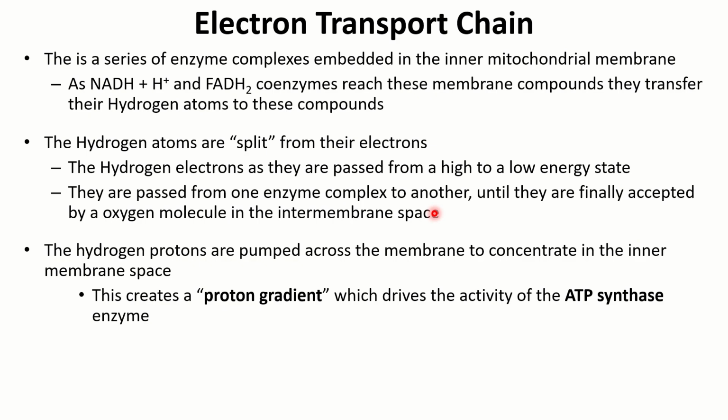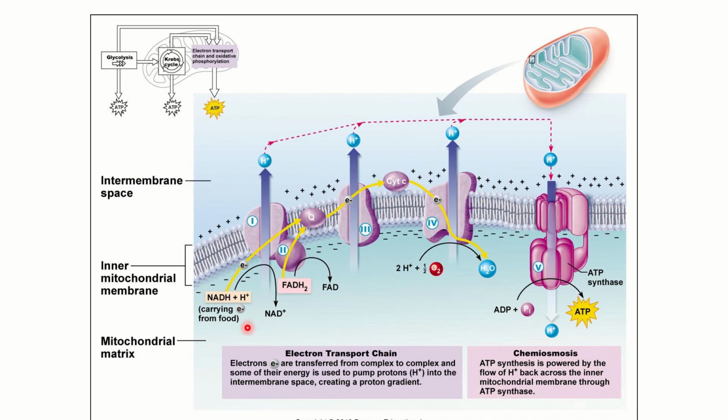During this process, all these reduced coenzymes right here that we've talked about reach the membrane compounds. And it says here they transfer their hydrogen atoms to these compounds. And this is pretty tricky, as you can see. So remember that the purpose of these hydrogens was to help transport electrons back and forth. And so you can see here that these electrons will essentially be split from the individual hydrogen atoms.